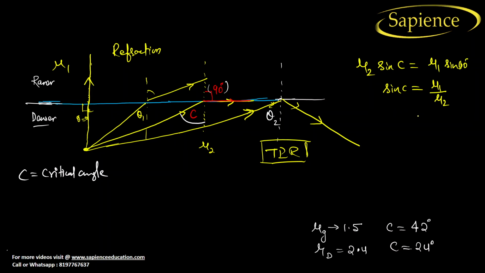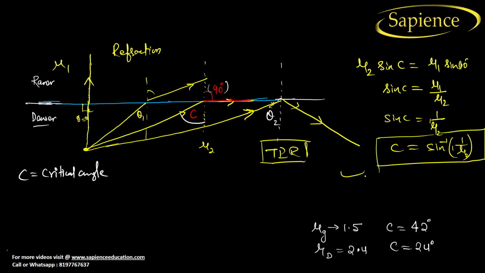It can also be considered as 1 by mu 2 with respect to 1, and this is equal to sine C. If you want to find the critical angle of any interface with respect to the other, we can directly find C as sine inverse of 1 by mu 2 with respect to 1. This is known as the critical angle.